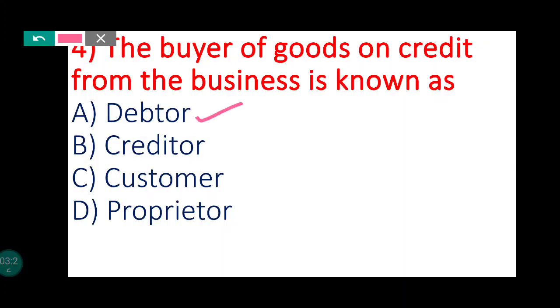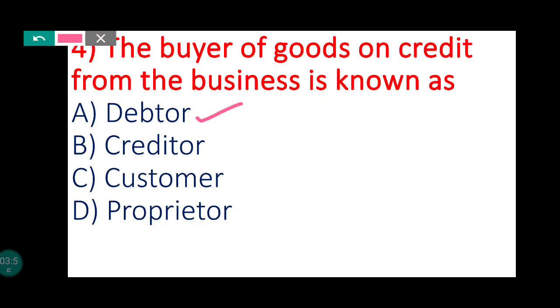So the answer is option A, debtor. Debtor is a person who is a buyer of goods on credit from the business. Money is receivable from the debtor. So the buyer of goods on credit from the business is known as debtor.